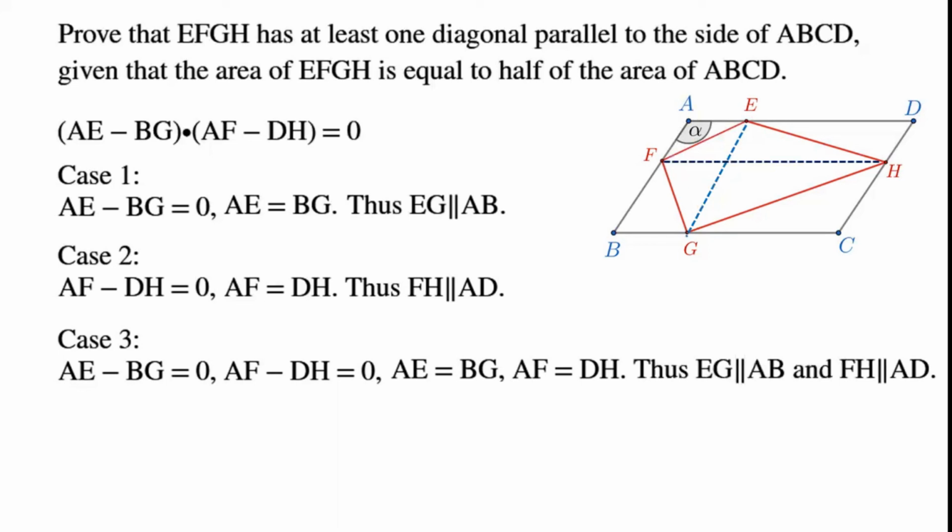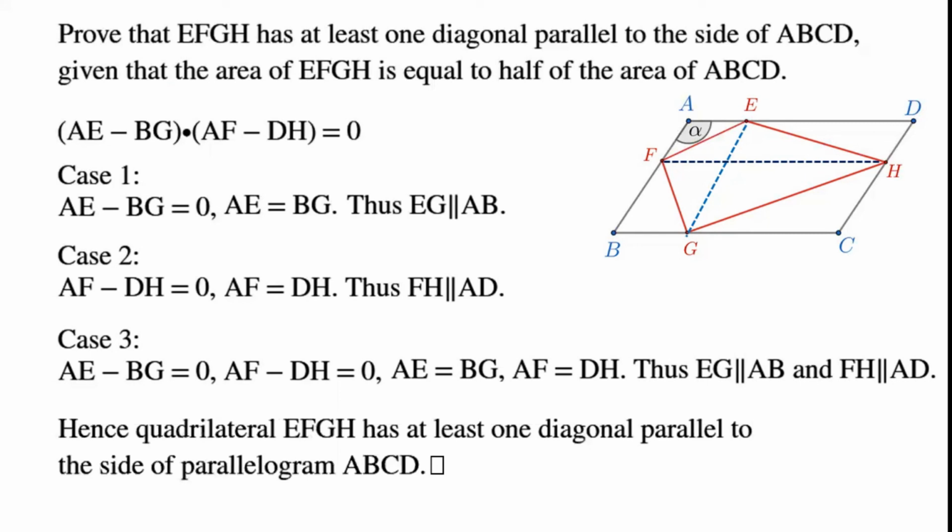Thus, EG is parallel to AB and FH is parallel to AD. Hence, quadrilateral EFGH has at least one diagonal parallel to the sides of parallelogram ABCD. The proof is now complete.